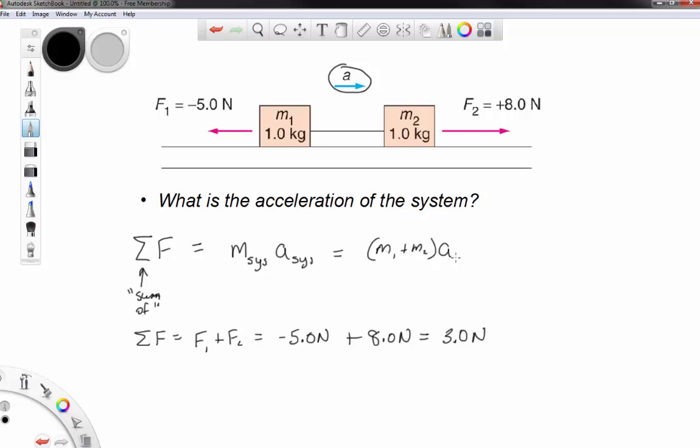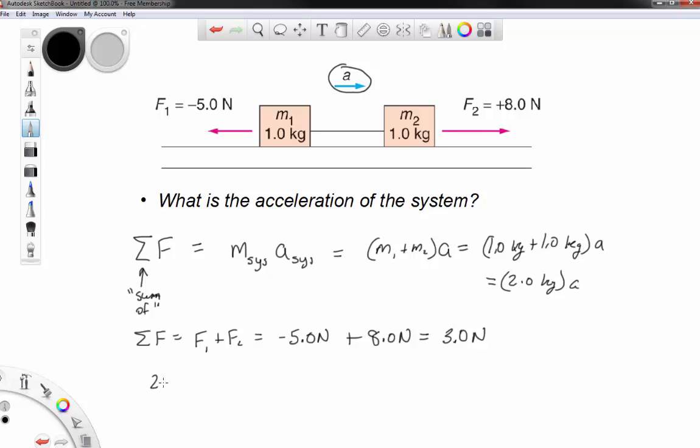So 3.0 newtons is equal to this acceleration times this total mass. So the total mass, again, is 1.0 kilograms plus 1.0 kilograms. And we're getting that because each of these two is 1 kilogram. So that's the same as 2.0 kilograms in this case.